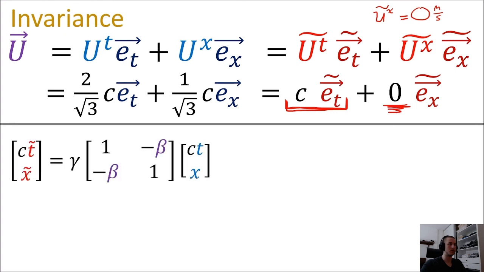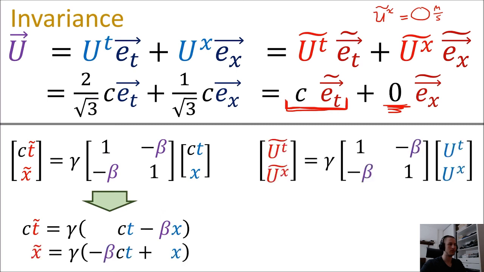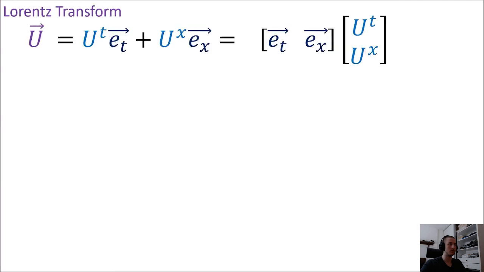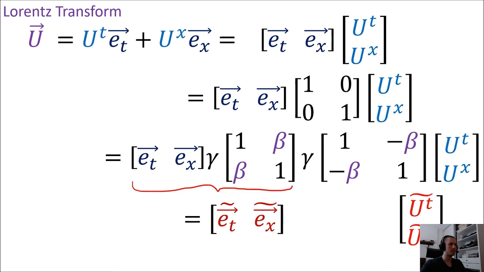Also, just as the components of the four position vector can be transformed to different frames of reference using the Lorentz transformation, the components of the four velocity vector can also be changed to a different frame using a Lorentz transformation. When we have a four velocity vector written in a basis in array notation with a row of basis vectors and a column of vector components, when the basis changes with one Lorentz matrix, the components change with the inverse Lorentz matrix.